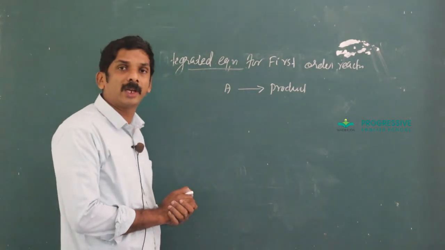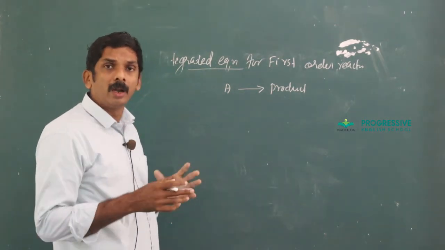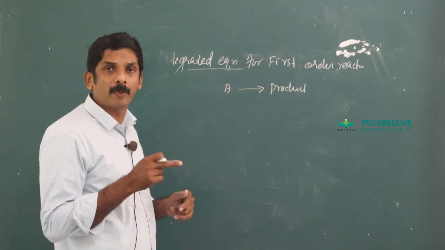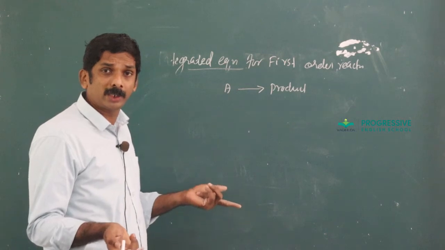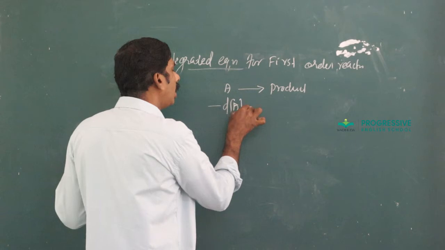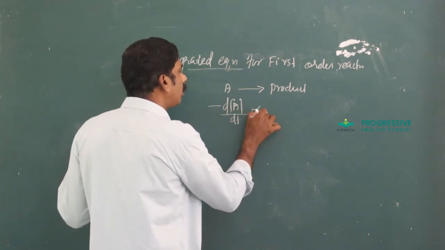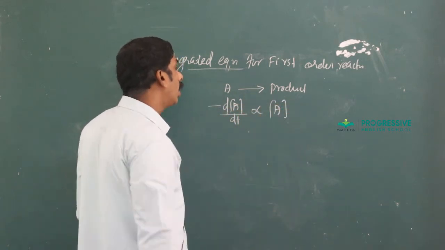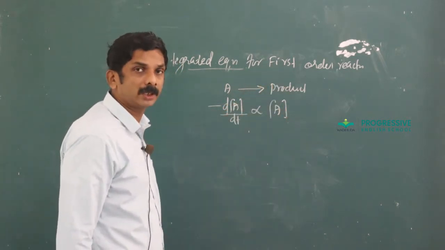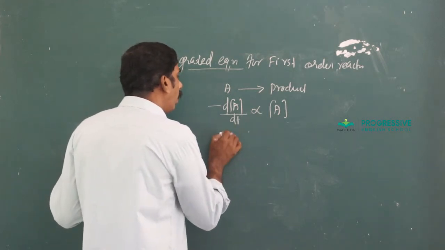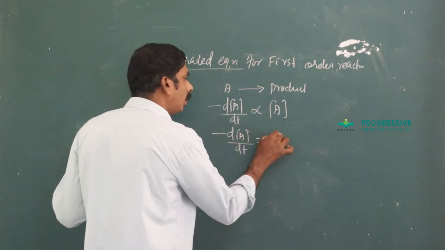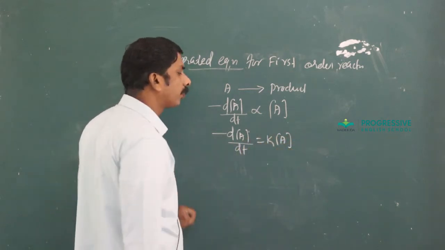We have already expressed for a zero order reaction minus dA by dt proportional to A raised to 0. In the same way, we can write minus dA by dt proportional to A raised to 1, because it is a first order reaction, or minus dA by dt equal to K into A.